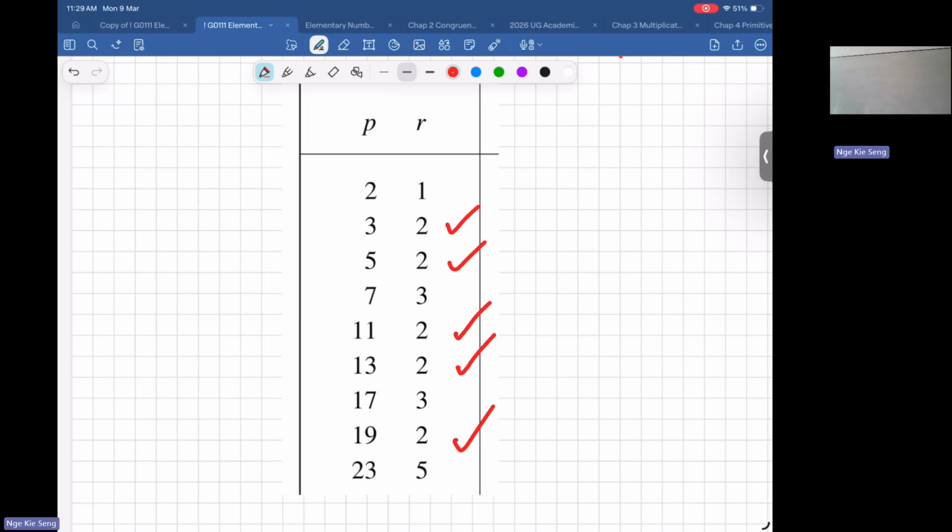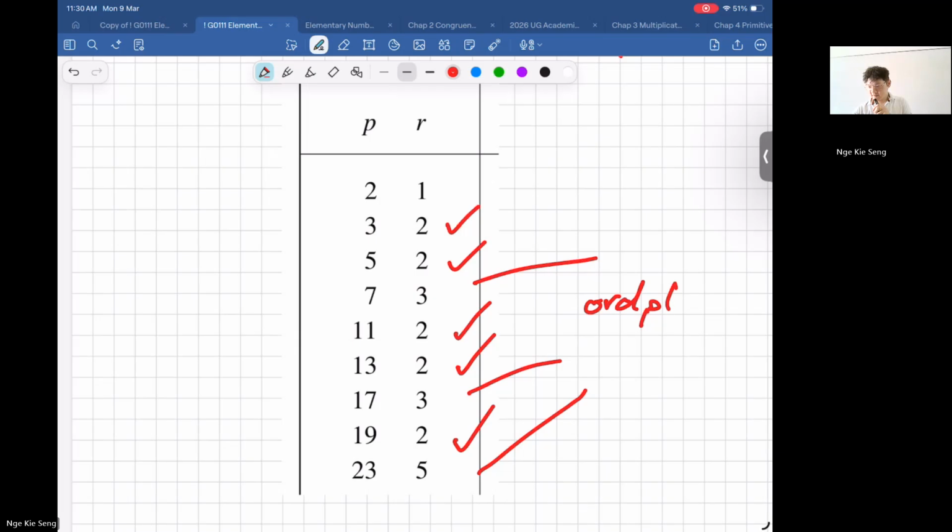How do you compare to p minus 1? What's the order of 2 for the rest of the cases? Less than, equal, or greater?